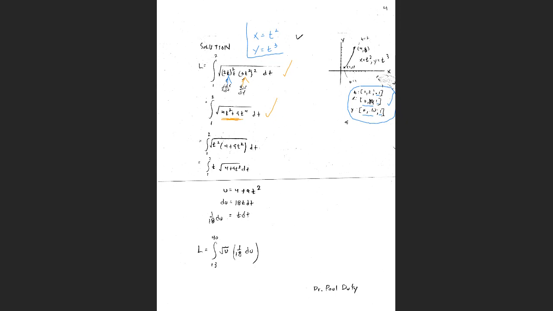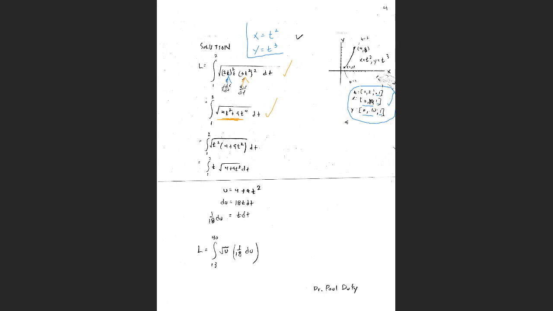There's a common factor there, right? What's the common factor between 4t squared and 9t to the fourth? T squared. When you have the sum of two terms with a common factor, what do you do with the common factor? You factor it out. That's right, Jacob.